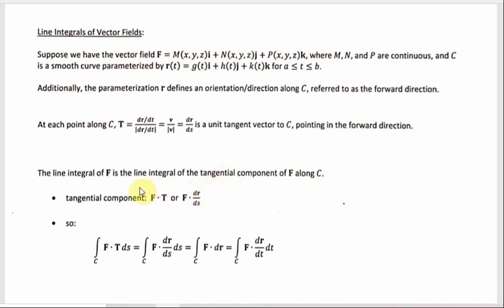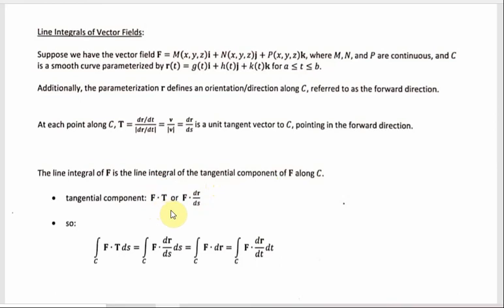But that concept is being brought in here, because what you end up doing is figuring out the line integral of the tangential component of f. So how do you get the tangential component? It's the dot product of f with the unit tangent vector. So that's the thing that you end up integrating.